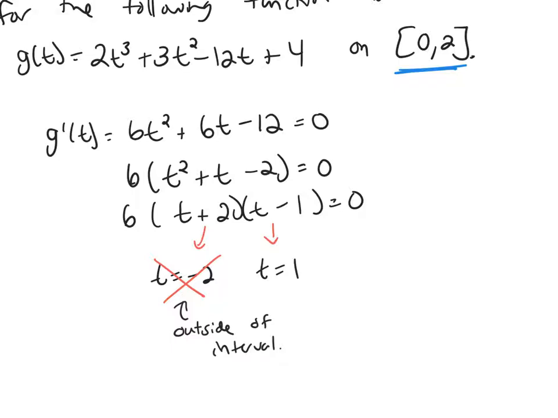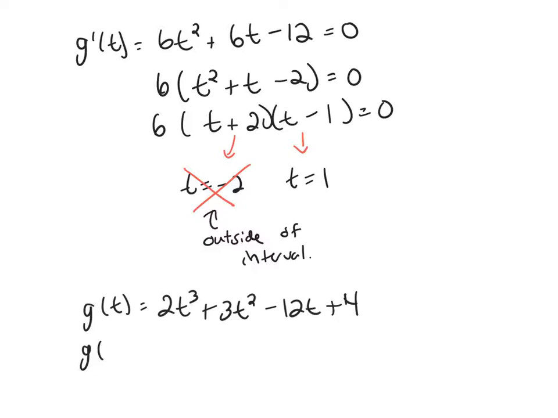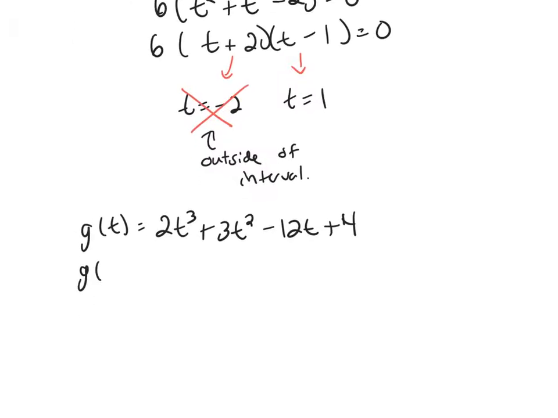So what I'm going to do is I'm going to go to my function, which was g of t is 2t cubed plus 3t squared minus 12t plus 4. I'm going to plug in my two endpoints, 0 and 2, and my critical number, which is 1.